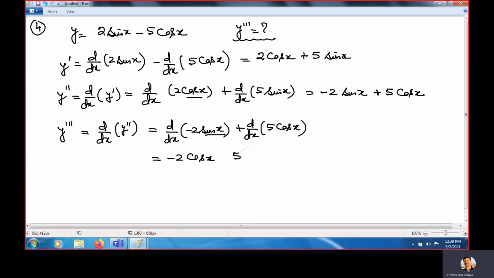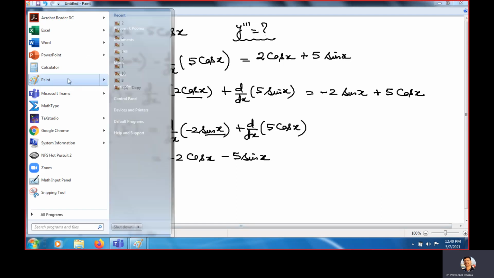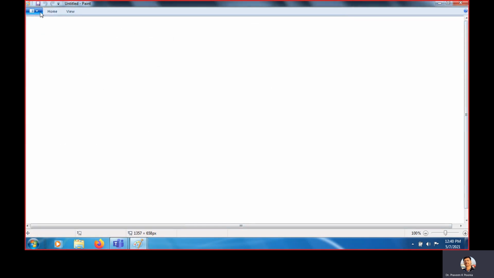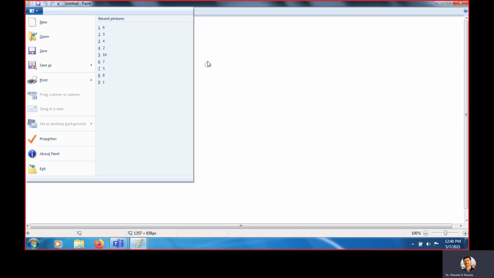Clear? Plus 5 cosine x differentiated, which is minus sin x. This is the answer. So you should remember the derivative of any function that you studied in the earlier classes. Okay, so you can get the derivative of this one.